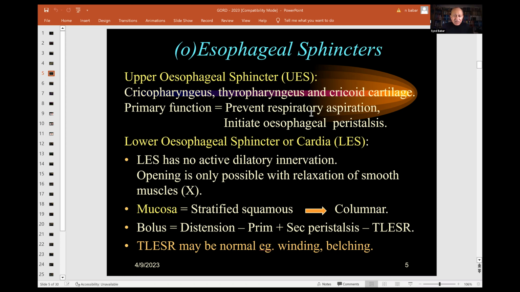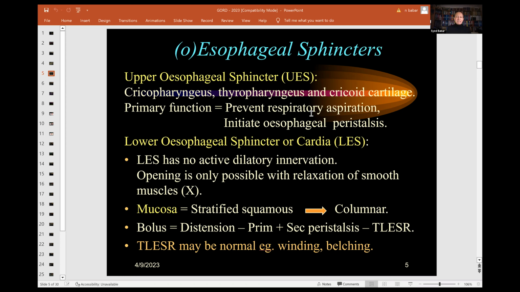The reason it opens up in a valvular mechanism, allowing the bolus of food to pass from the esophagus to the stomach, is because the fibers, whose neurological control allows tightness of the sphincter, relax. So the lower esophageal sphincter opens up because of the relaxation of the sphincter.